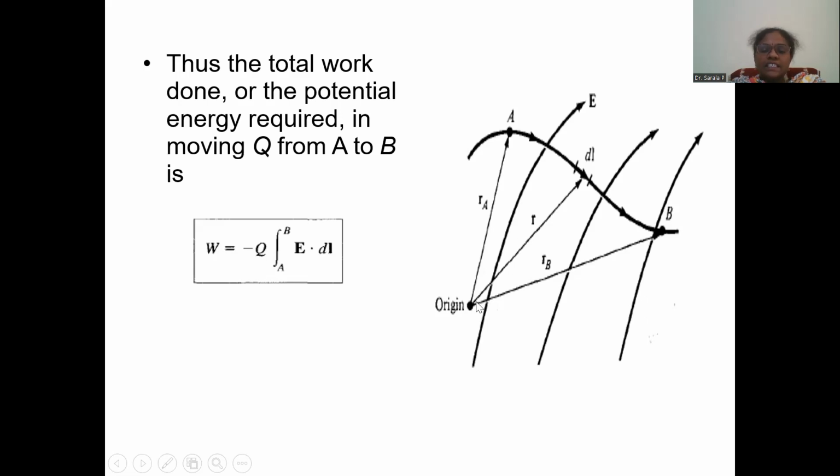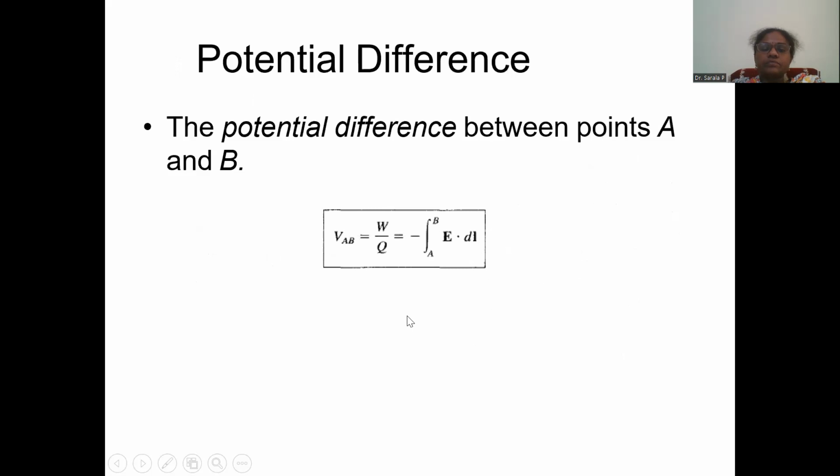Let the distance of point A from the origin be RA, and the distance of point B from the origin be RB. A differential part on this length is at a distance R from the origin. Potential energy and potential difference are used similarly here.